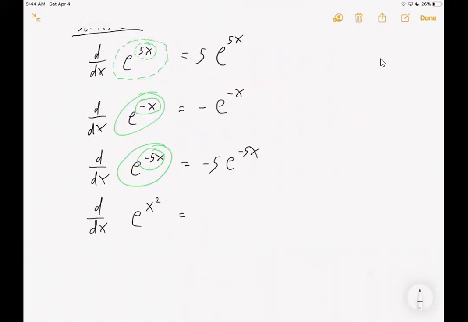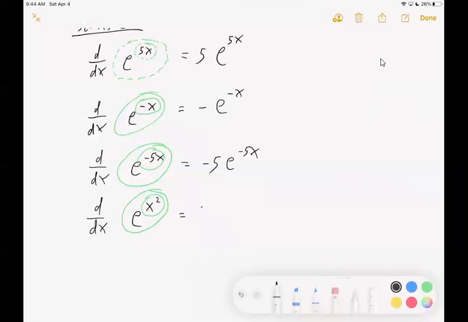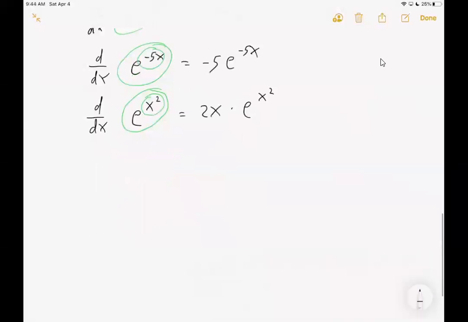Beat me to it. The circles are your work. That's the answer. And the last one in this series.